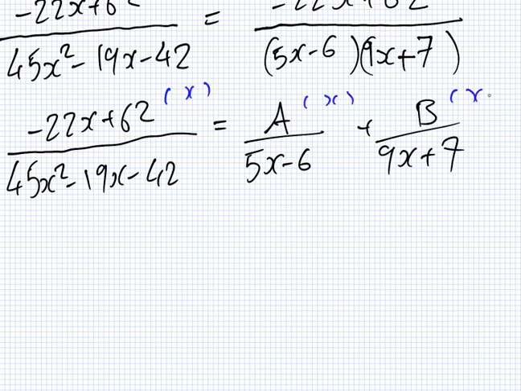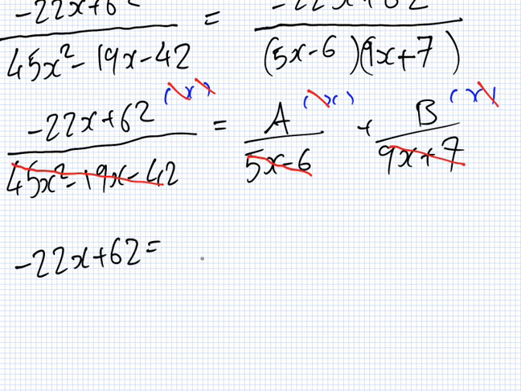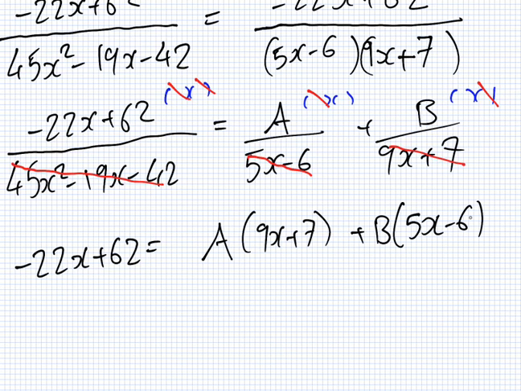So just to save space, I'm not going to write them in, but the same thing happens. All of this cancels with both of these. The first one cancels with the first one, and then the second one here will cancel with the second factor, just like in the last example. So we end up with this. A, 9x plus 7, plus b, 5x minus 6. So far, still looks the same.